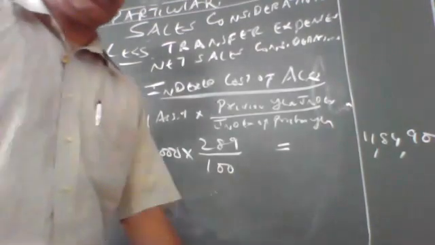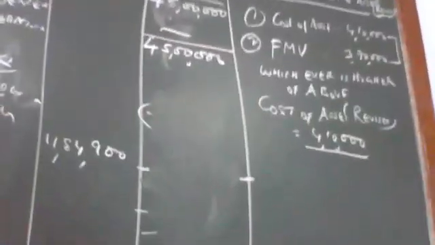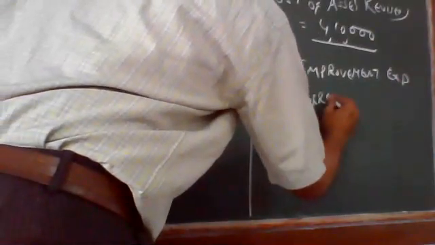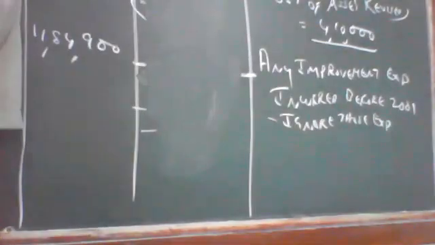I'll write it in the working notes: any improvement expenses incurred before 2001, ignore those expenses.